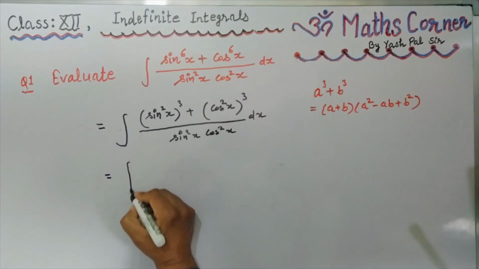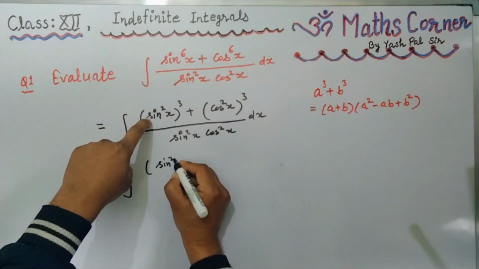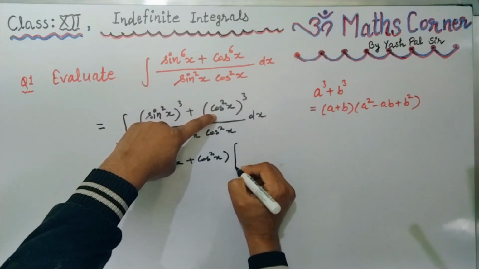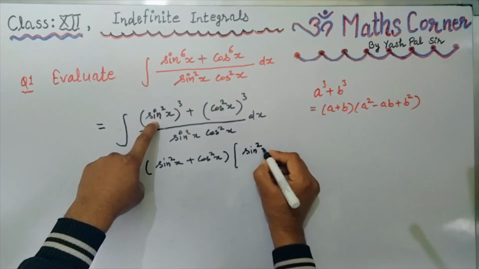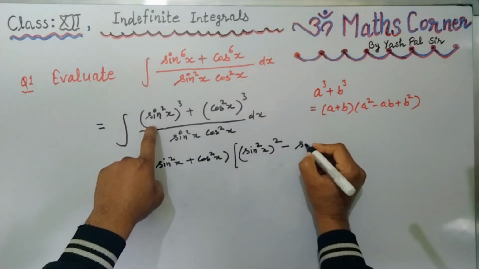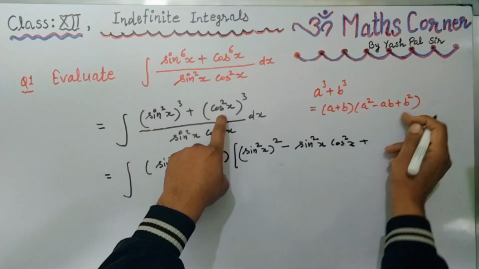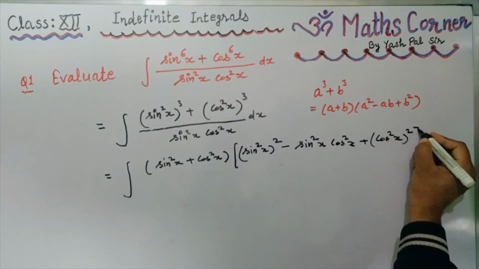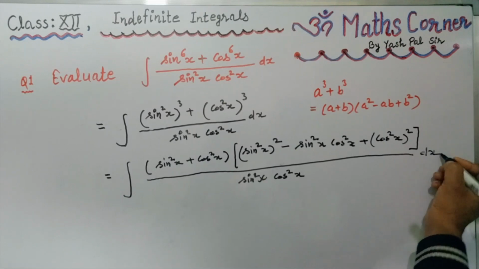So the whole question becomes integration of (sin^2 x + cos^2 x) into ((sin^2 x)^2 - sin^2 x cos^2 x + (cos^2 x)^2), and the denominator is the same, into dx.